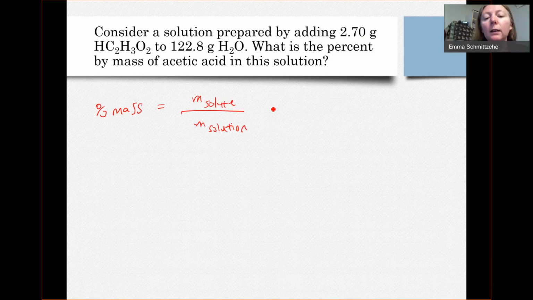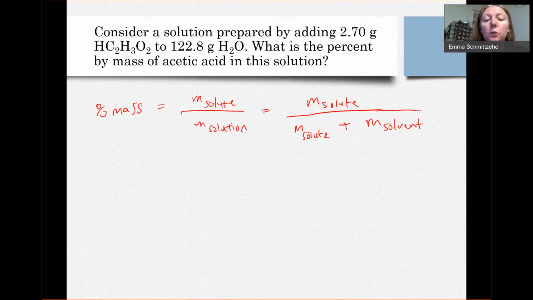You've got to remember, the mass of solution is the mass of the solute plus the mass of the solvent. So if it helps, you can write it out like that instead of over the mass of the solution. And of course, this is a percent, so in the end, you multiply it by 100 to make it into a percent. So I guess we can write times 100 here and times 100. Some people write that down, some people don't. Just assume you know that you need to multiply by 100.